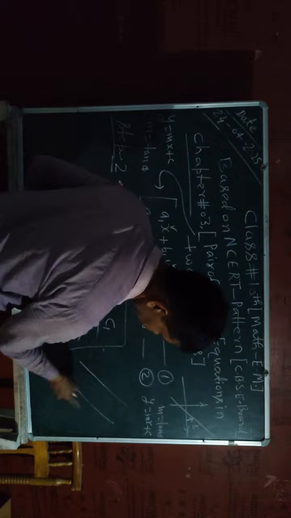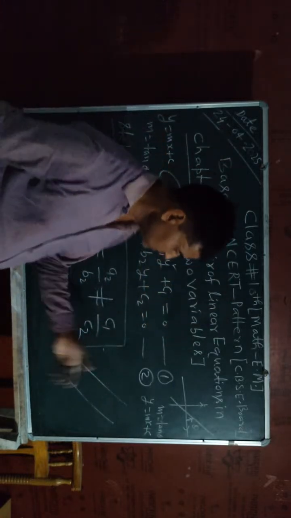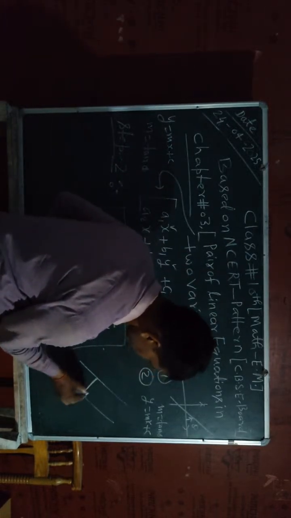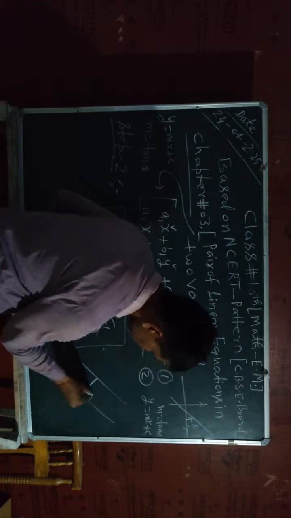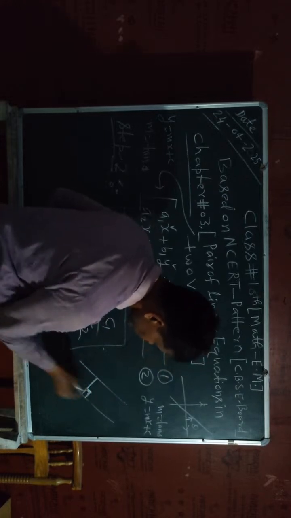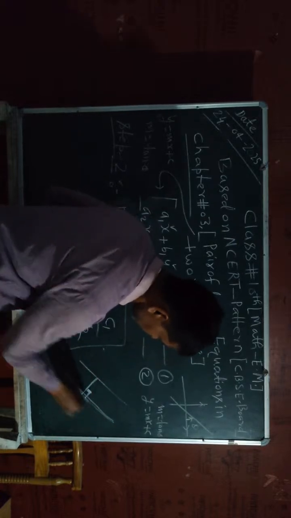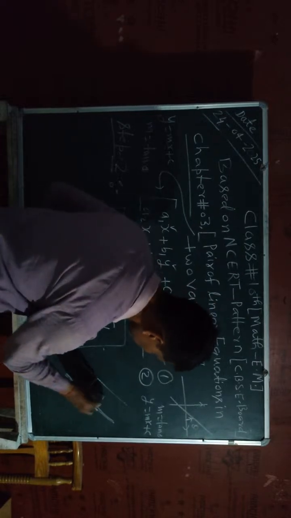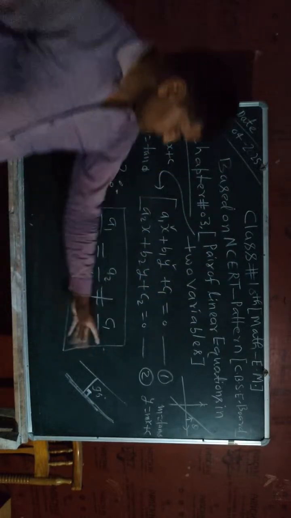So C1 not equal to C2 means that there is a perpendicular distance, and the angle between these two parallel lines and the perpendicular distance, that is this vertical line and this horizontal line, is 90 degrees. Here I will write 90 degrees.